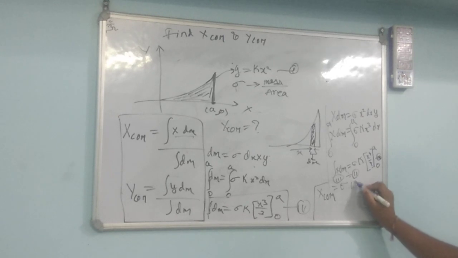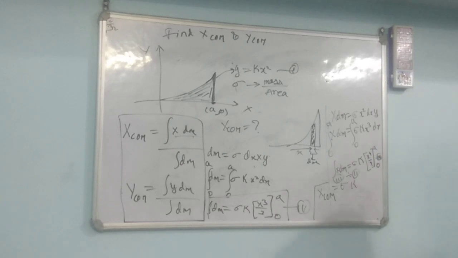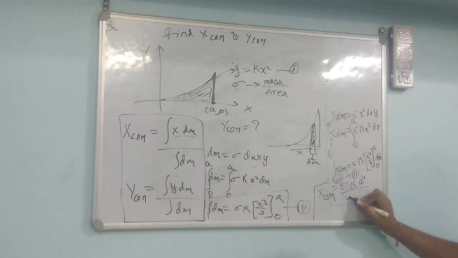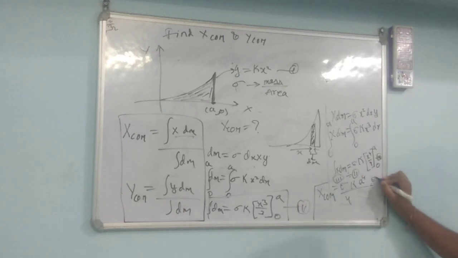So it is sigma k, and we are putting a in this, as we know how we do it in definite integration. So it is a raised to power 4 upon 4 divided by this, here also sigma k a cubed by 3.